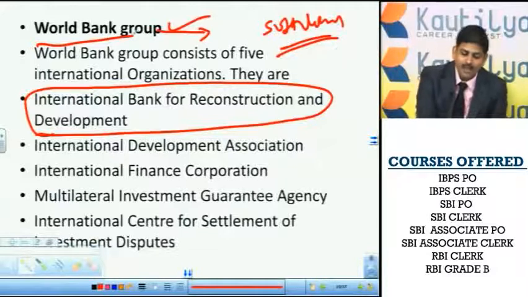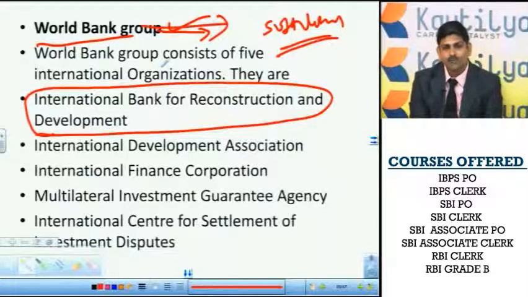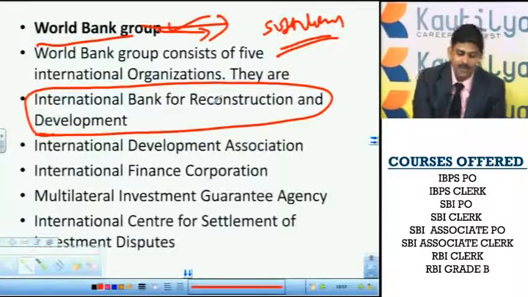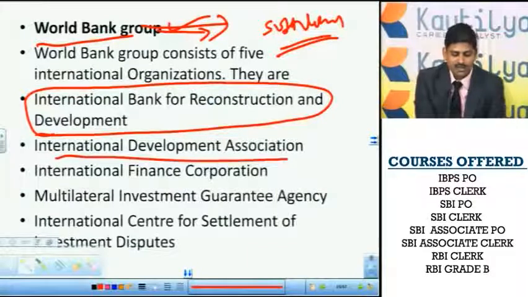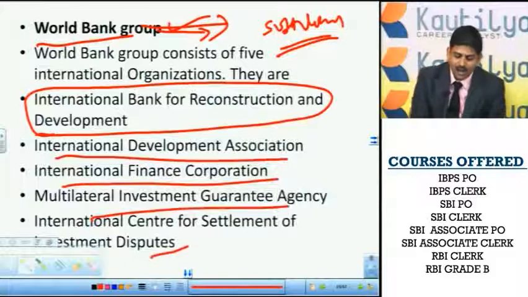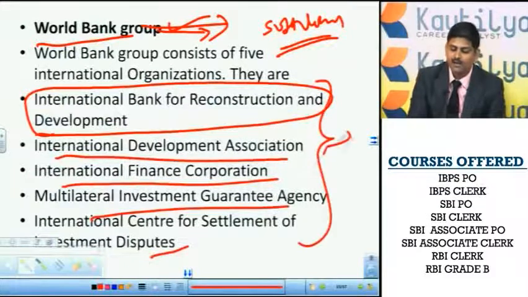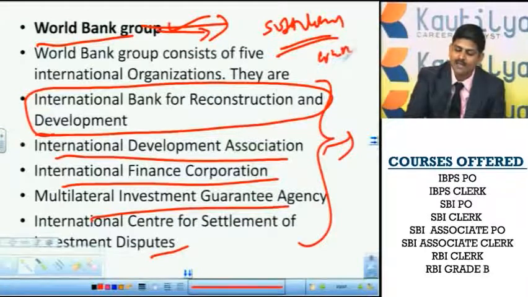The World Bank gives these in order to promote or increase trade in the nation, or to help the nation financially. The 5 organizations are the International Bank for Reconstruction and Development, the International Development Association, the International Finance Corporation and others, and the World Bank has its headquarters at Washington, as I said earlier.